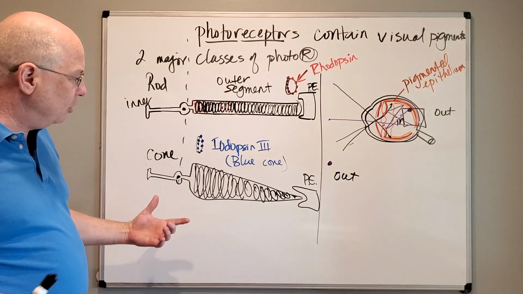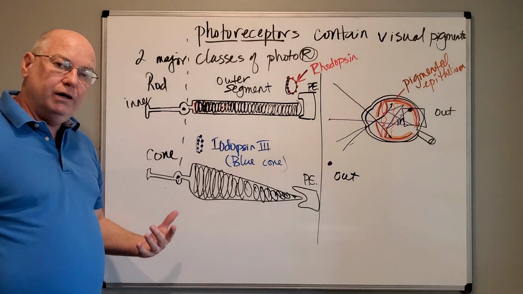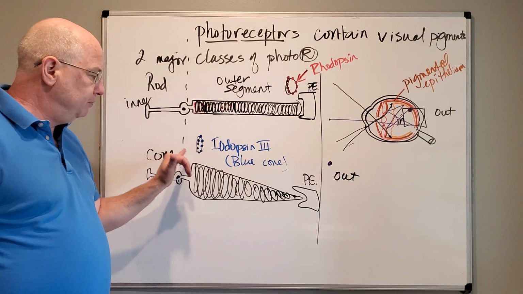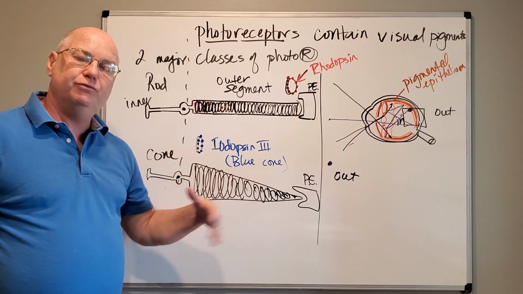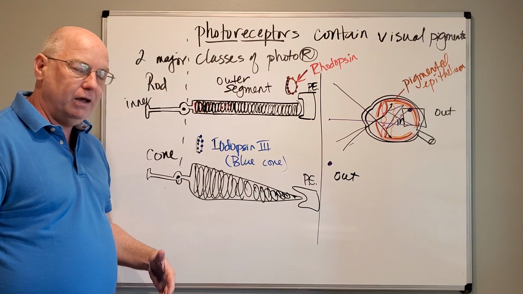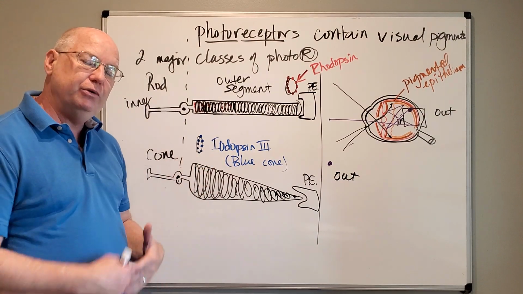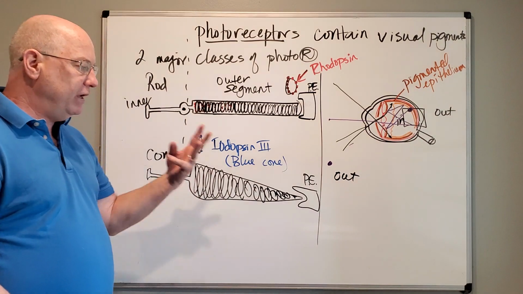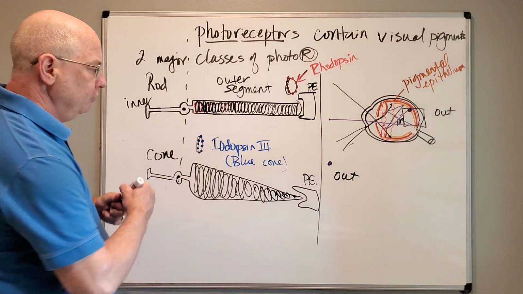If I had another cone that made iodopsin 1, then it would only make the visual pigment iodopsin 1 and only be absorbing photons in the red part of the spectrum, so it would be called a red cone. If it made iodopsin 2, it would absorb green light. So we have 3 distinct populations of cones.